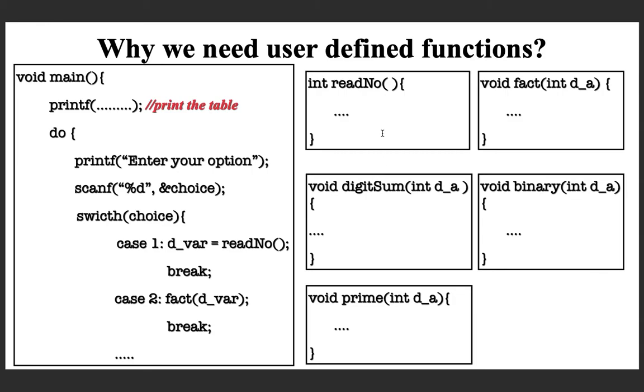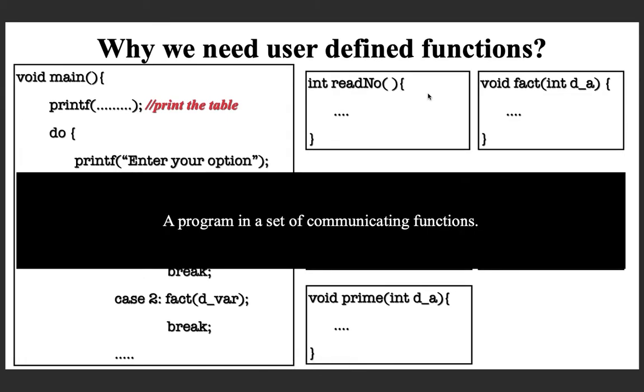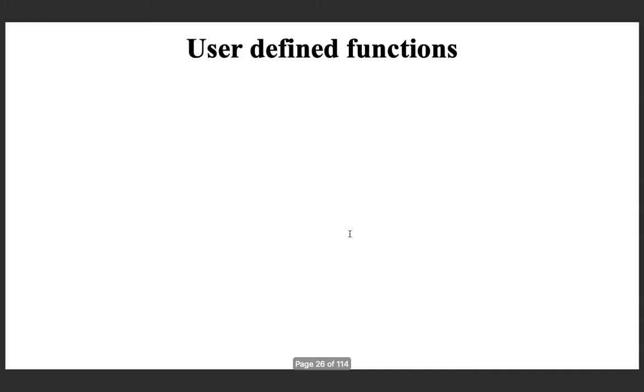So there is a standalone separate module or function for each of the functionalities. Thus, if you are going for user-defined functions, you can view a C program as a set of communicating functions. Okay, this is a motivating example.